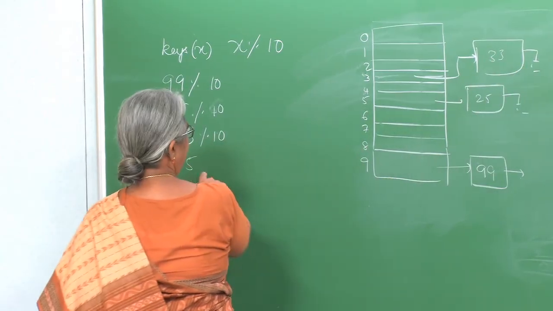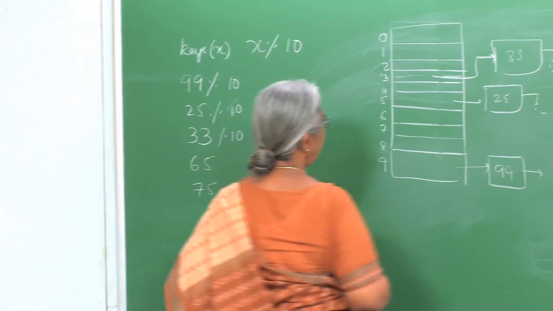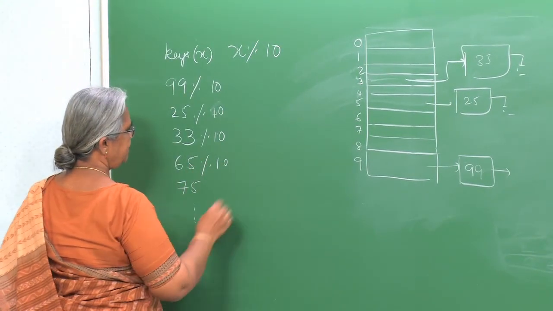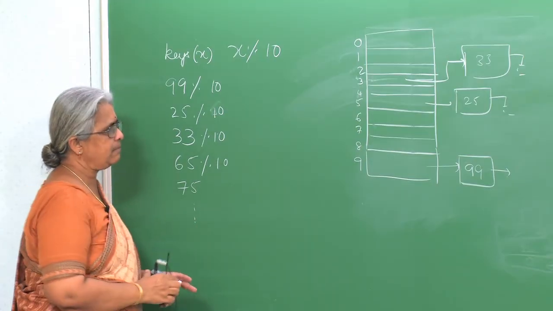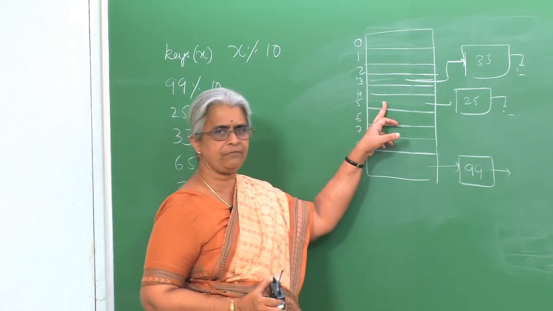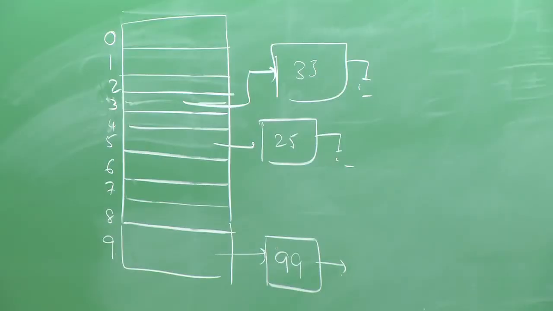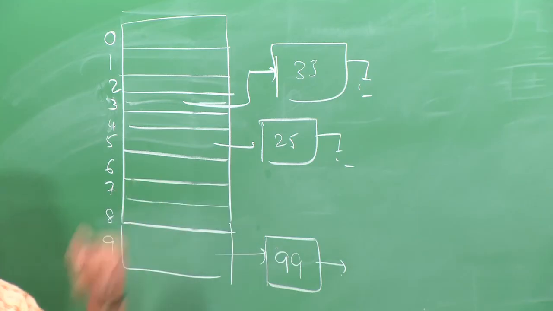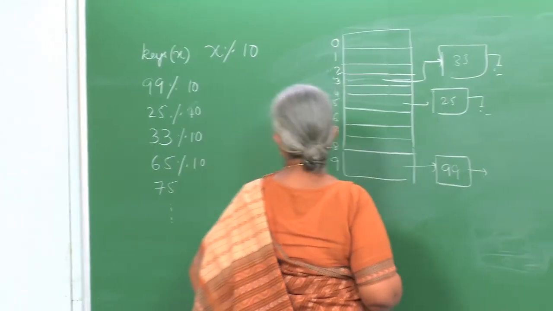And 65, now there is a problem. When I do a %10 of this, it gives me 5 again as the remainder, therefore it goes into the 5th bucket. There is already an element in this bucket. Therefore there is a collision. So what do we do now?